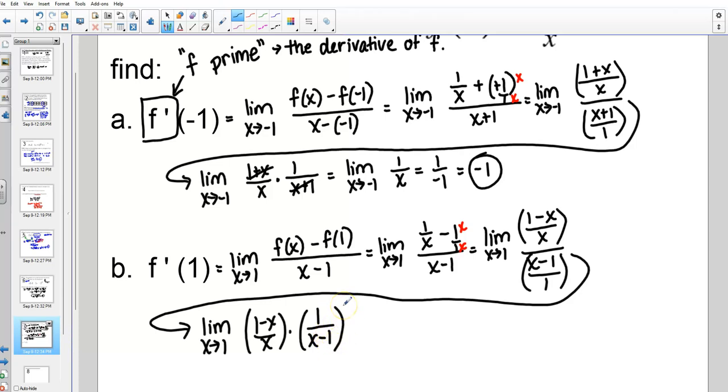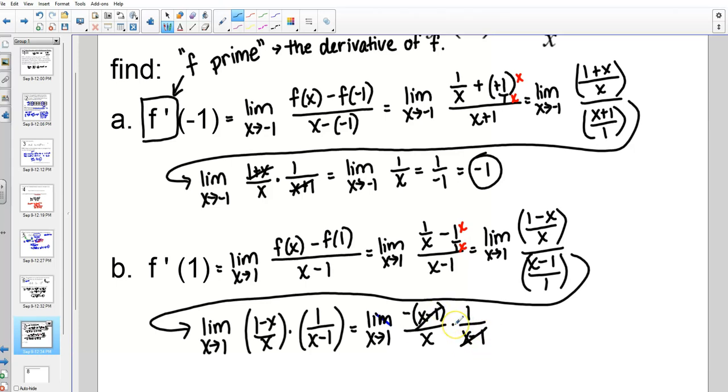Now this one's a little harder than the other one because does anything cancel here? It does not. But almost. What can we do so that they will cancel? Factor out a negative. So the limit as x approaches 1. I'm going to factor the negative out of this first one, so it's going to be negative x minus 1 over x times 1 over x minus 1.